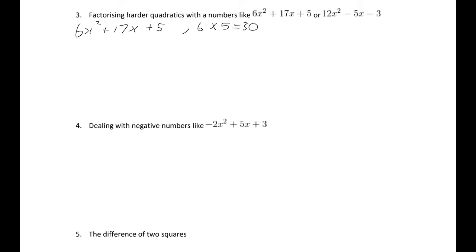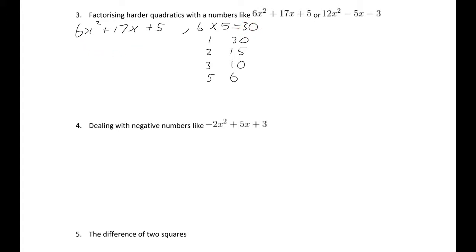Now, we're going to find all of the factors of 30. So that's 1, 30, 2, 15, 3 and 10, 4s don't go in, and 5 and 6.